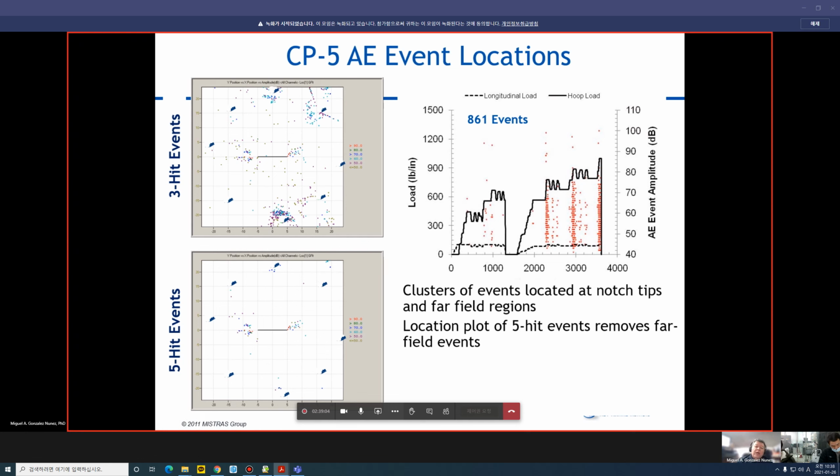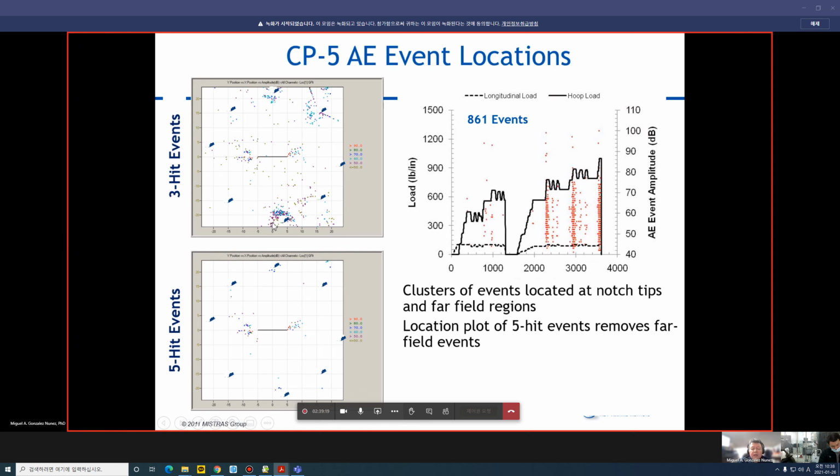So we saw all this activity when we consider the conditions for locating events, at least the signal being detected by 3 sensors. So with these 3 sensors, you see all of this activity happening around here and around the notch.